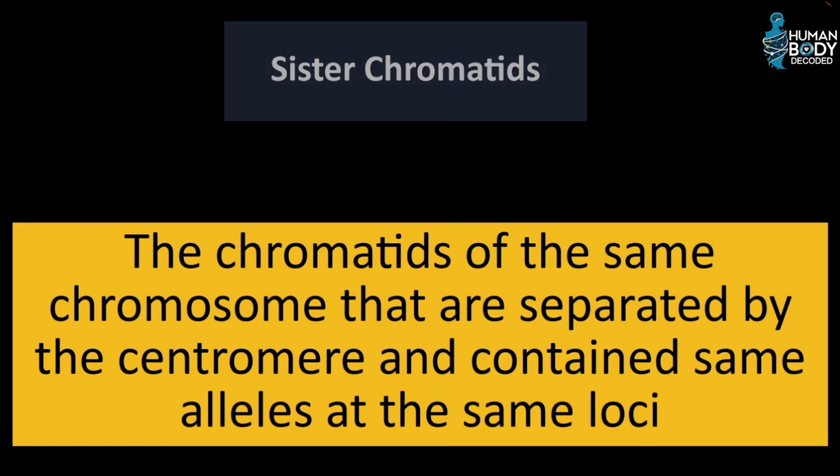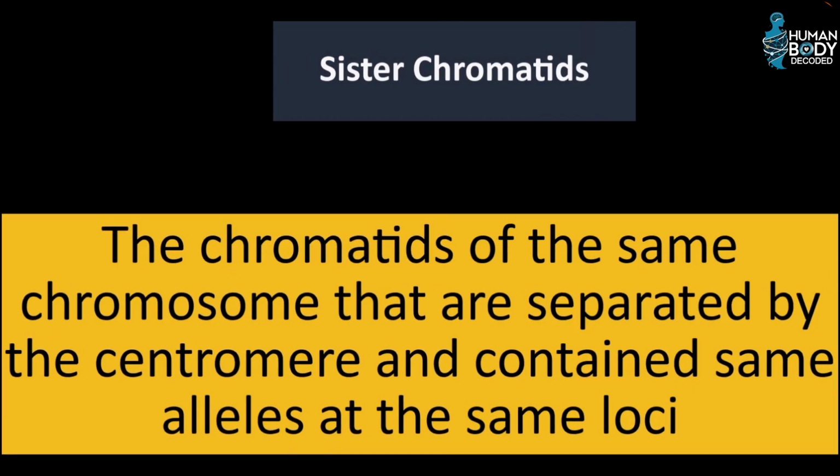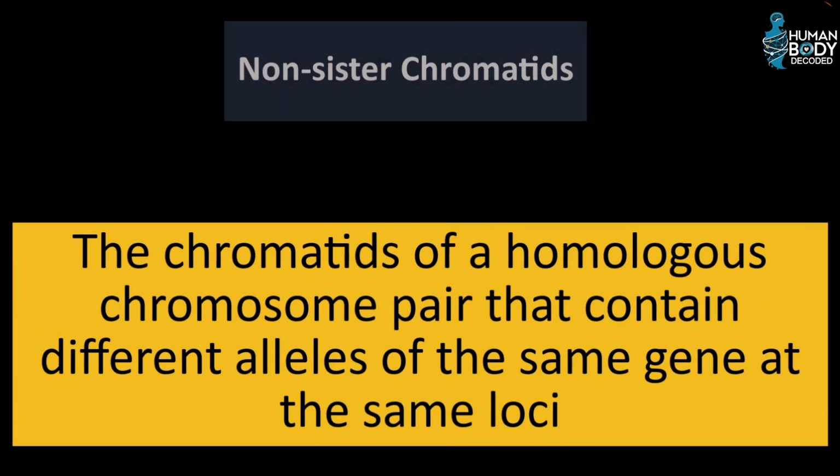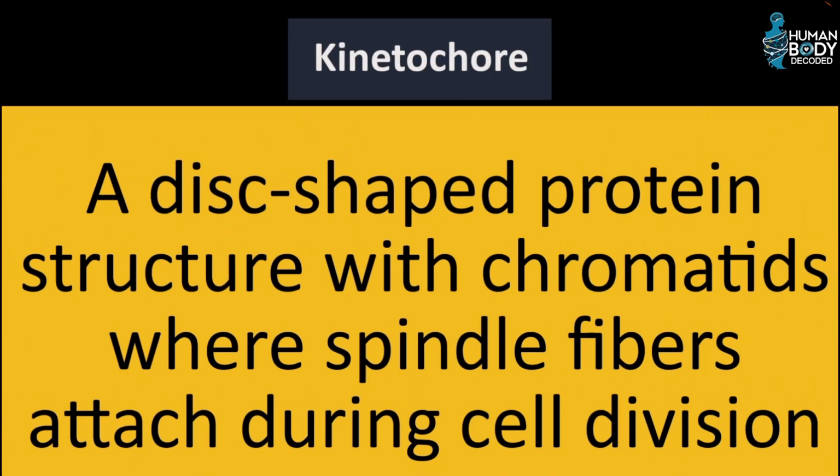They separate through this centromere, and the alleles in them are at the same location and identical. Now, if I talk about the definition of non-sister chromatids, they belong to homologous chromosome pairs, and their alleles are different.